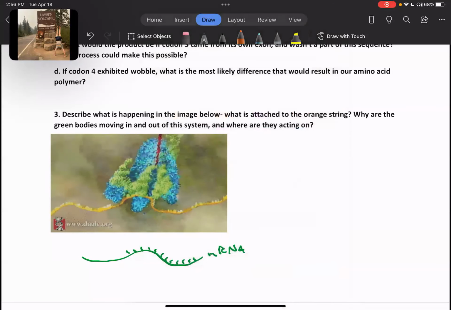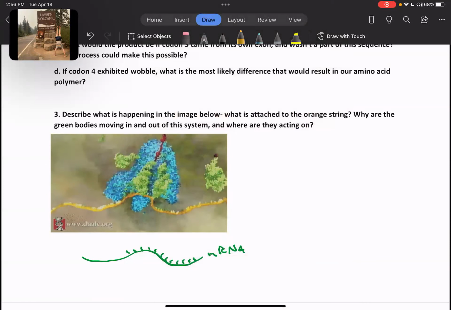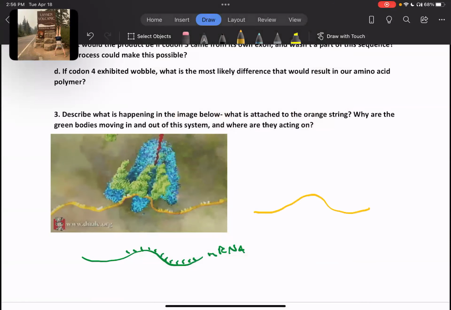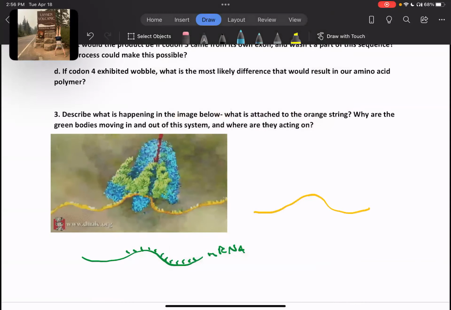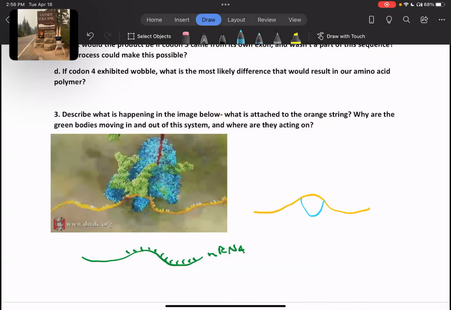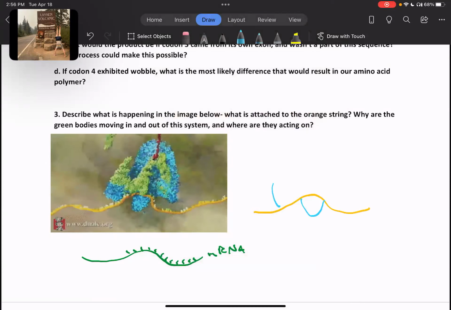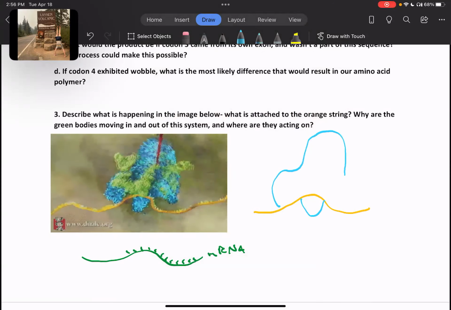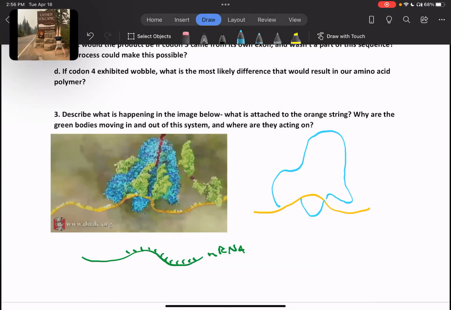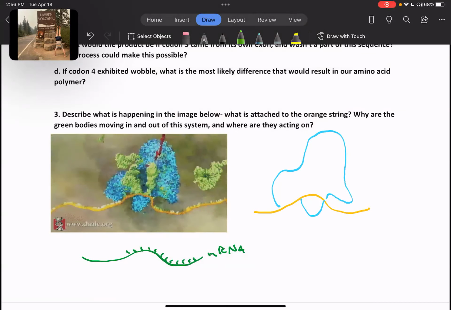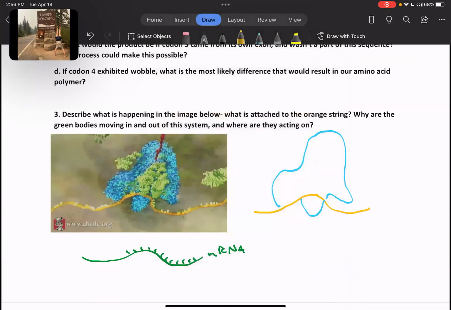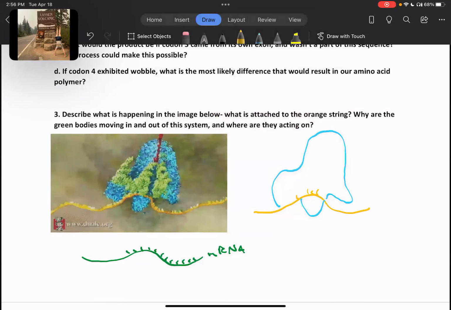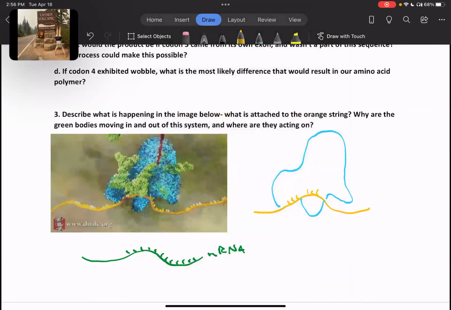So we have our orange, it's not really orange, it's more like a yellow. We have our yellow sequence. We have our nice light blue small ribosomal subunit. Then we have our large ribosomal subunit. And then we have the teeth on this mRNA.